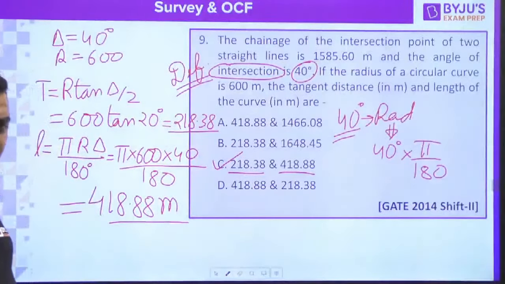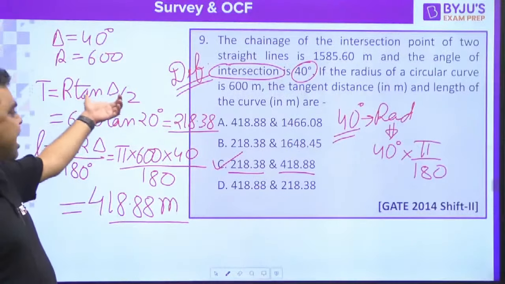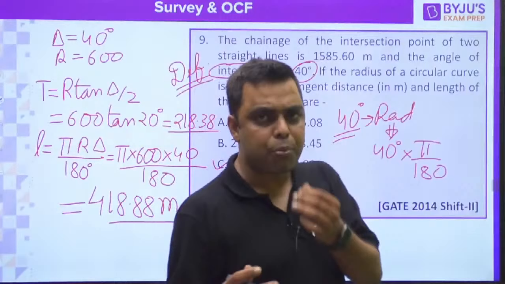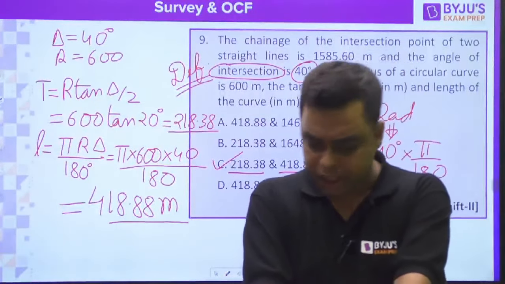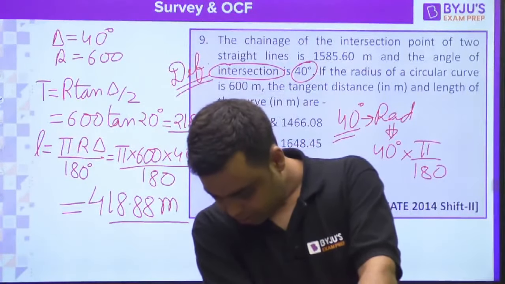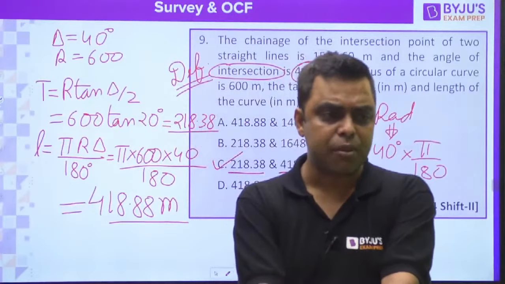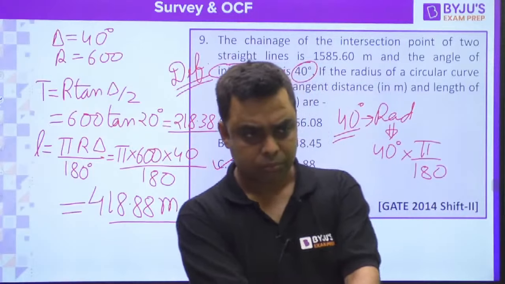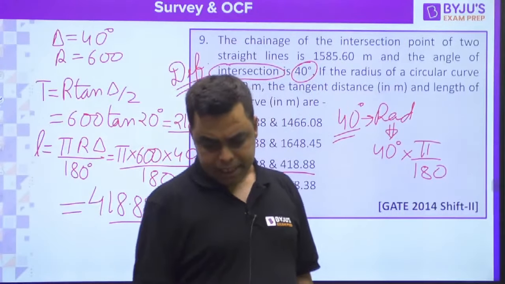For tangent length it is not required because it is tan delta. For tan theta we have to put the value in terms of degrees only. Is it clear?